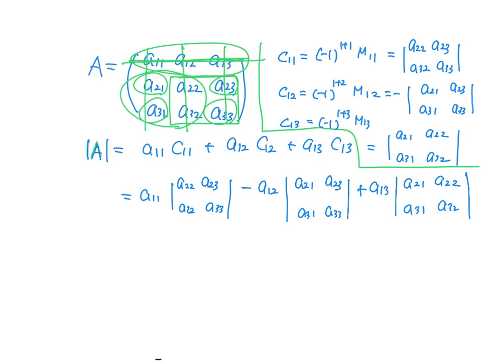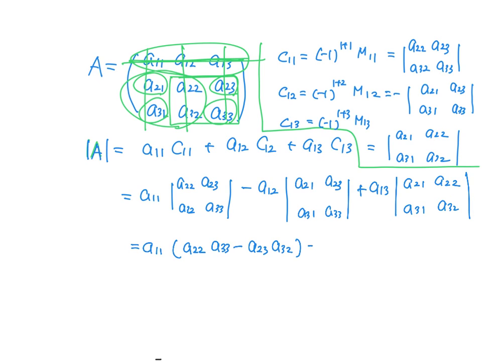Now we can calculate the determinant of 2 by 2 for those minors. A11 times A22, A33 minus A23, A32.